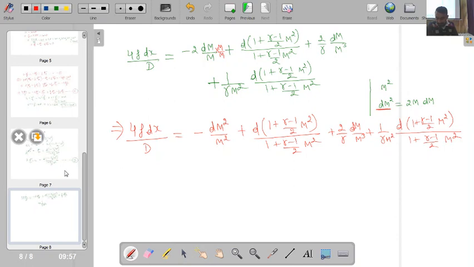Let me number this equation as equation number 6.